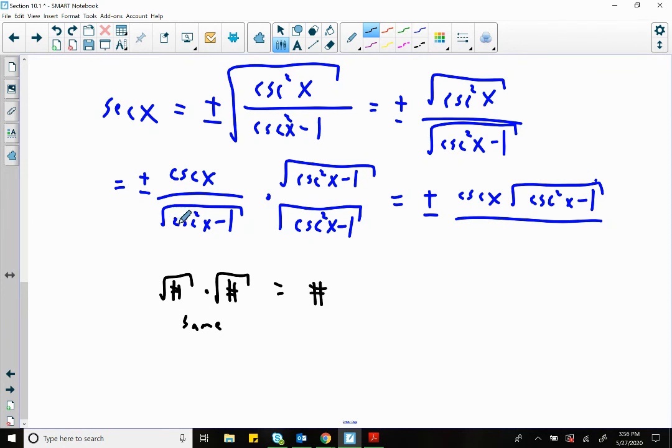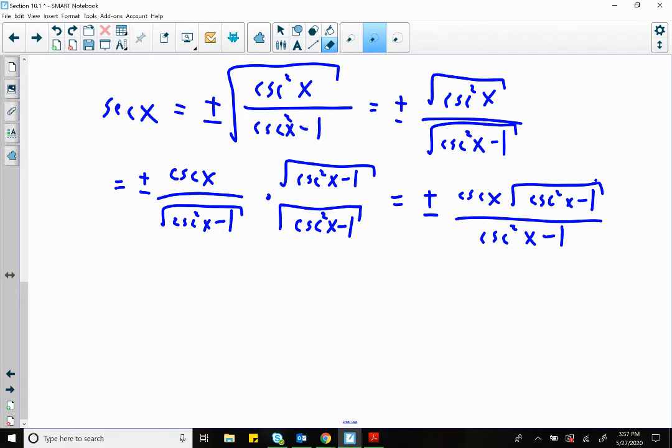So the square root of cosecant squared x minus 1 times the square root of cosecant squared x minus 1 is cosecant squared x minus 1. The radical just cancels itself out. And that, my friends, is what they're looking for.